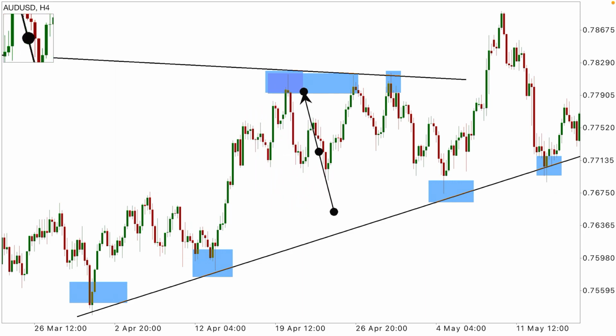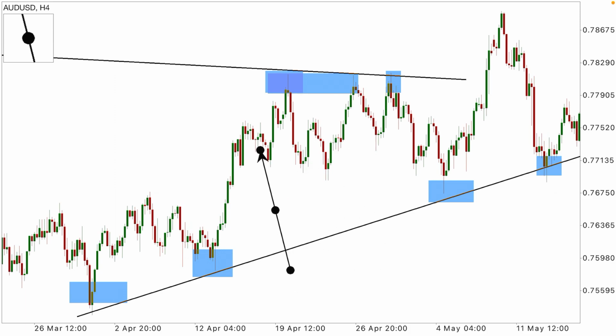To all smart money traders, what causes the sell or buy is this supply zone here. Price reacted to the supply zone and sold.